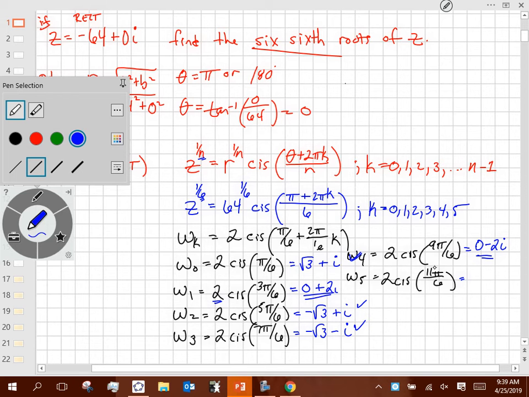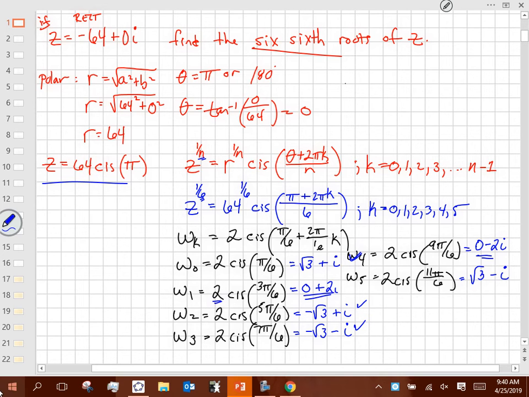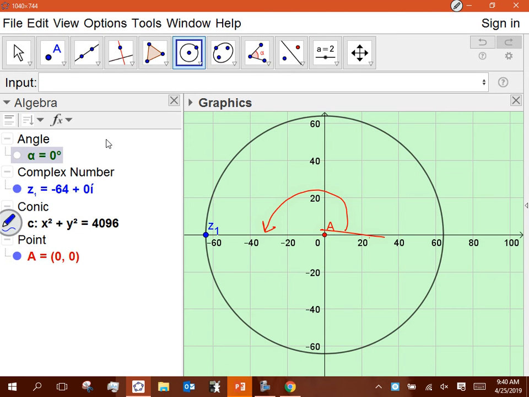And then the last one is 11 pi over 6. Cosine of 11 pi over 6 is radical 3 over 2. Sine of 11 pi over 6 is negative 1/2. So you get radical 3 minus i. Those are my six complex roots of negative 64.